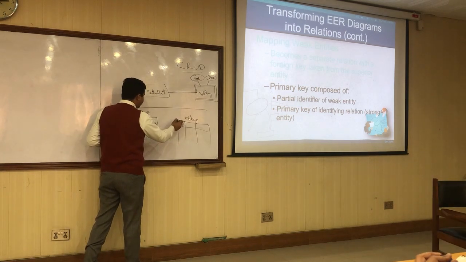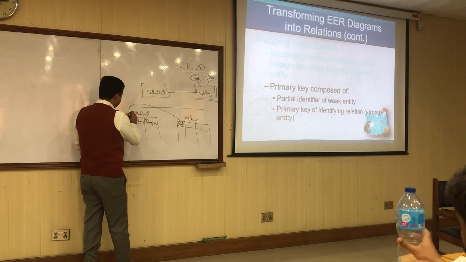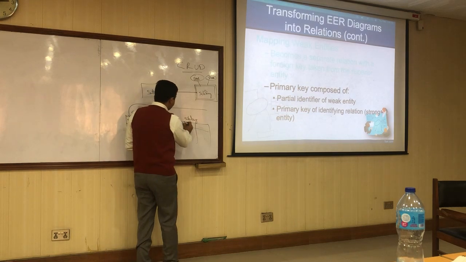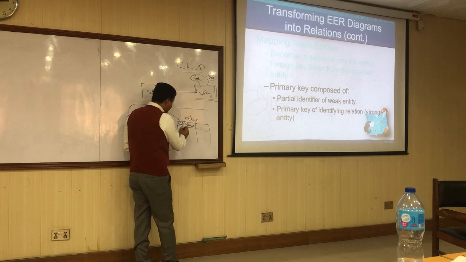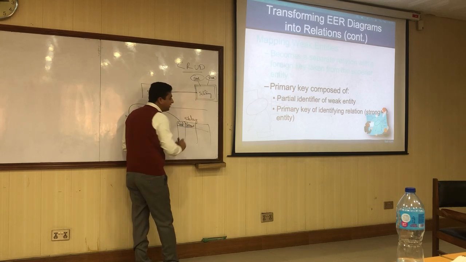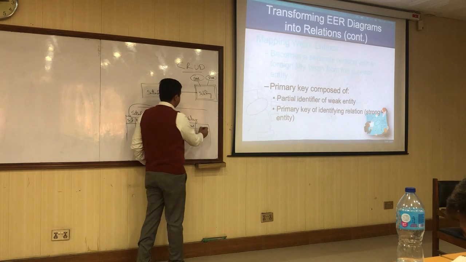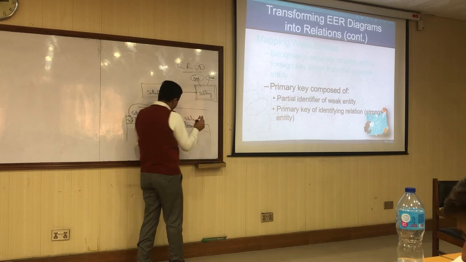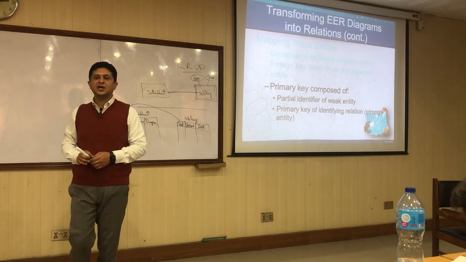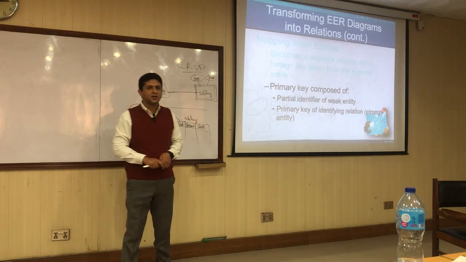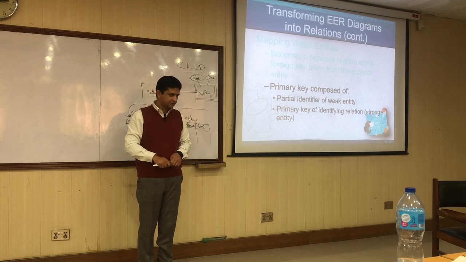This foreign key would refer to the primary key of the superior relation, and the partial identifier plus this foreign key, they'll collectively act as identifier or the primary key for this newly created relation. So this would be the output while transforming the weak entity into the relational structure.